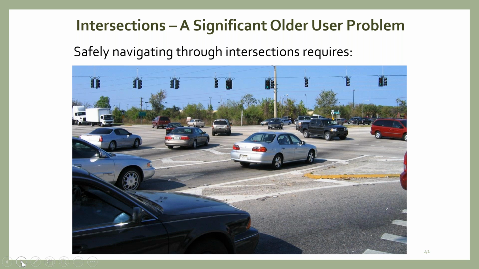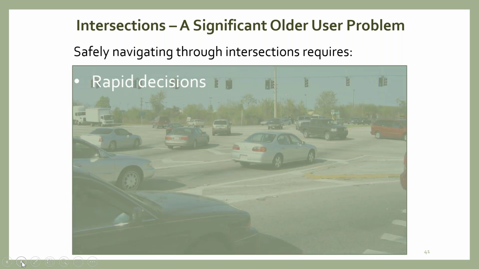Intersections are challenging. They're challenging for users of all ages, but as we get older, the demands placed on us at intersections increase. We have to make rapid decisions about what lane to be in, whether I am able to proceed, whether the signal is green, or whether the gap is acceptable.